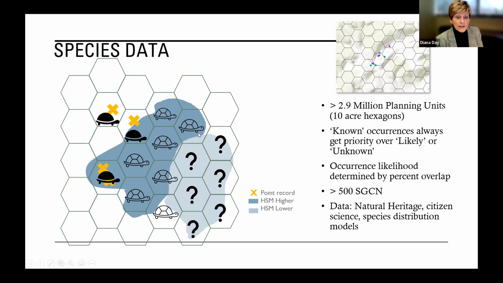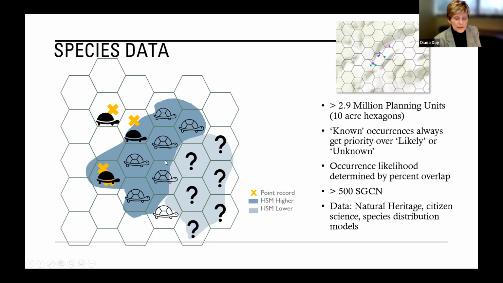In this graph on the left, we have a priority for the way species are identified, in that known occurrences get priority over likely occurrences or unknown. In this case, the X's indicate known occurrences in these planning units.